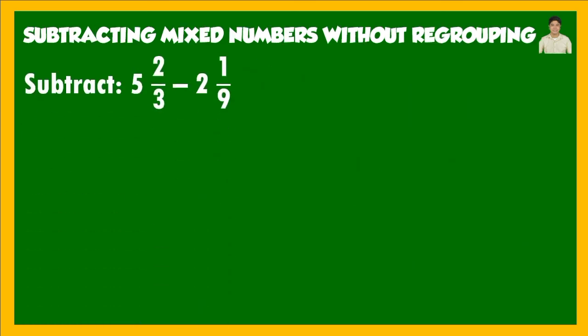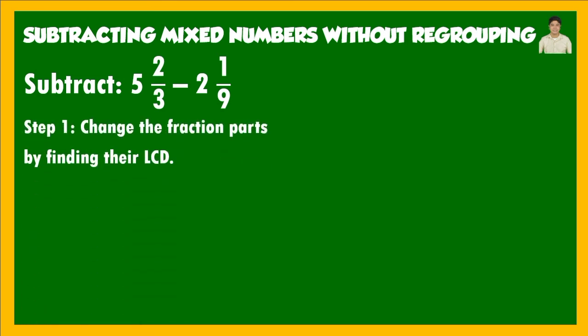So, for our last example, subtraction naman. So, 5 and 2/3 minus 2 and 1/9. So, pareho lang po sila ng given dun sa addition para makita natin ang pinagkaiba nila. So, yung LCM po natin is pareho pa rin 9. So, pwede na natin silang isulat ng ganito. Ayan.